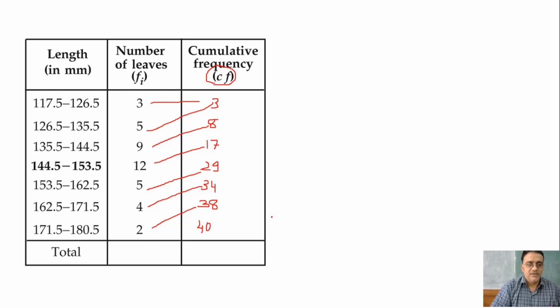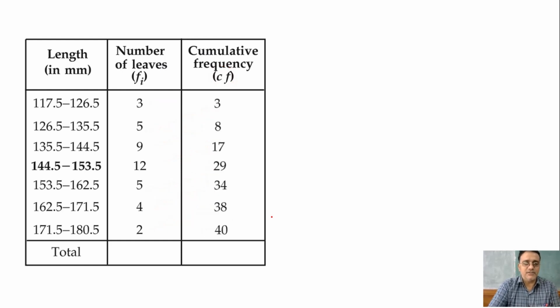Okay, so what is 40 by 2? 20. 20 से जो छोटा वाला जो CF है, जो सबसे पहले वाला जो छोटा है, 17. 17 के बाद वाला जो क्लास, 144.5 to 153.5. This is the median class, and this is the value of F, and this is the value of CF.